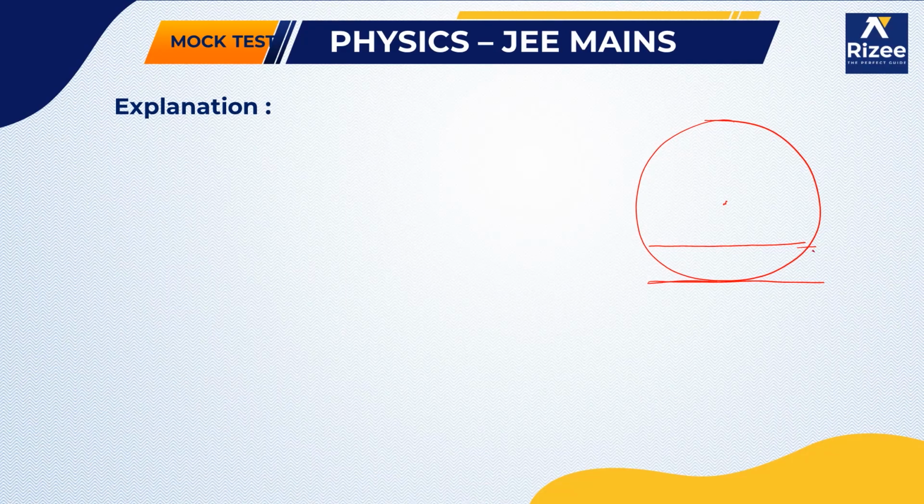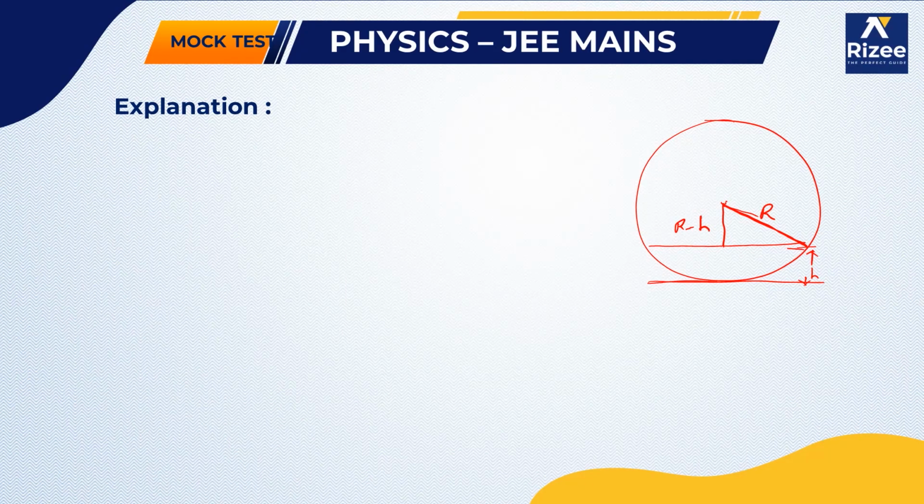So this height is h. Obviously this will be the radius of the sphere, and this one is going to be r minus h, and this is your radius r.